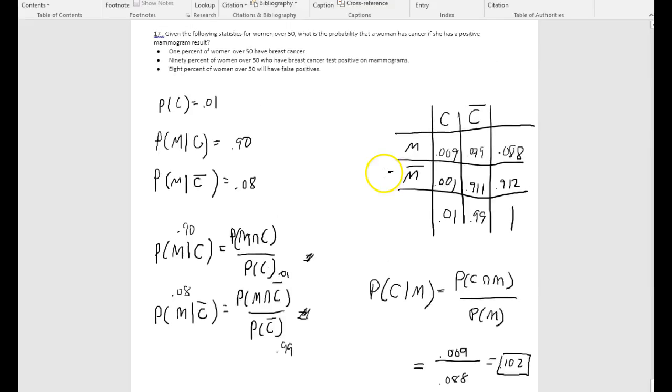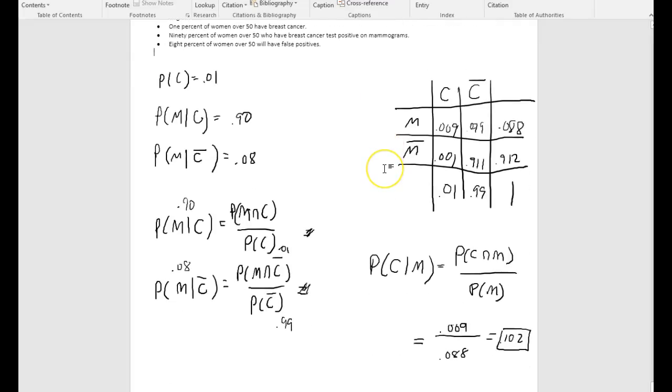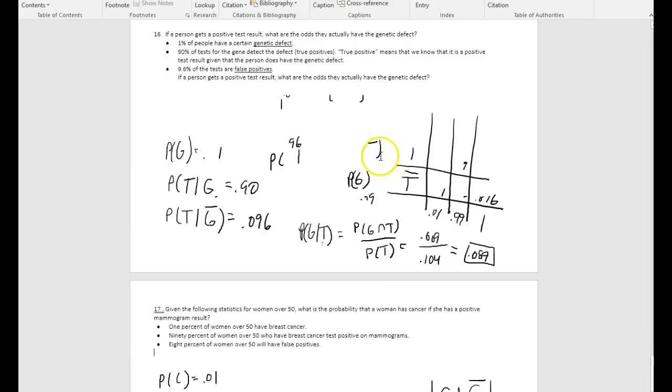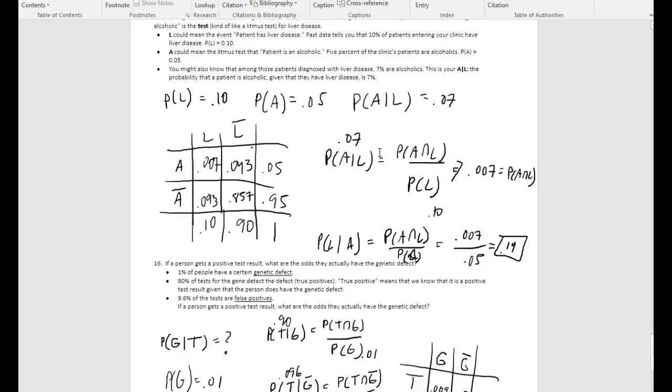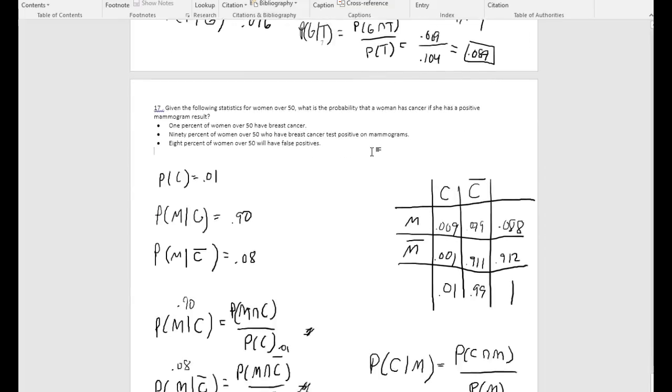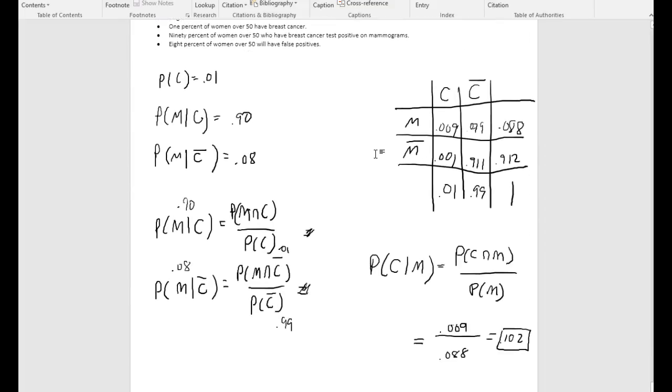Okay. Seems like a low number, but that's kind of what you've seen in the last few problems here. That's kind of what Bayes' theorem is all about. There's a lot of medical examples, there's a lot of testing examples, and it works out this way because the probability of actually having these diseases or these conditions is so low that you tend to have a lot of false positives.